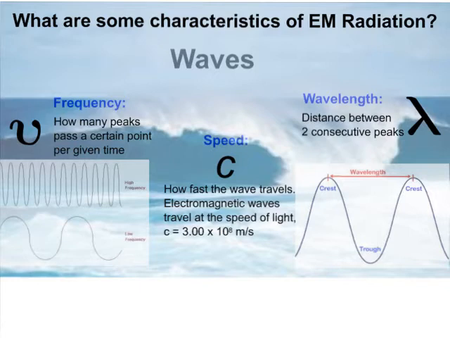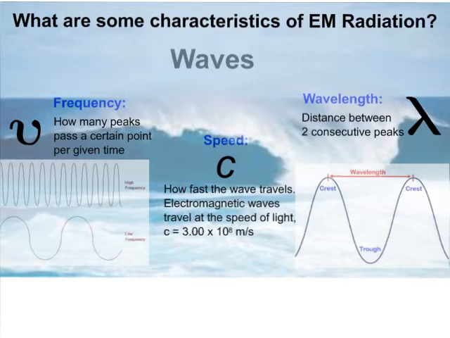So now that we know some different types of electromagnetic radiation, what are some characteristics of these different kinds of radiation? In order to answer that question, we need to first learn a little bit about waves. Here are some wave characteristics that we need to understand. The first one is frequency. It's represented by the Greek letter nu. It kind of looks like a little lowercase cursive type of v.